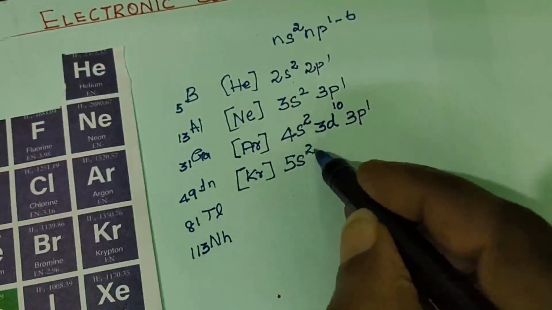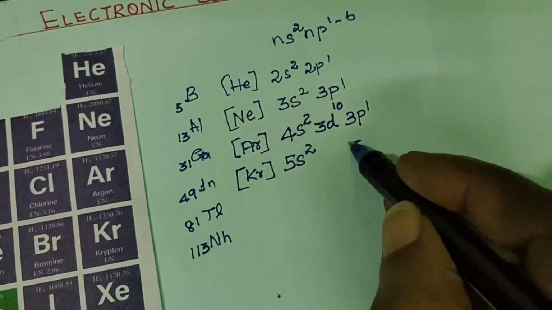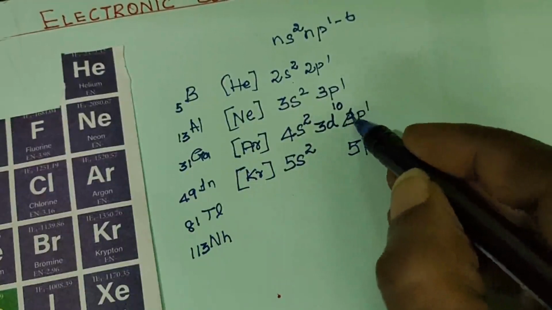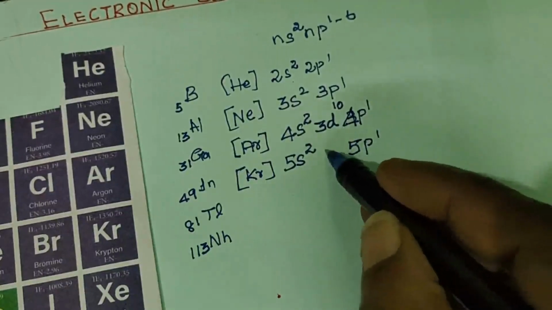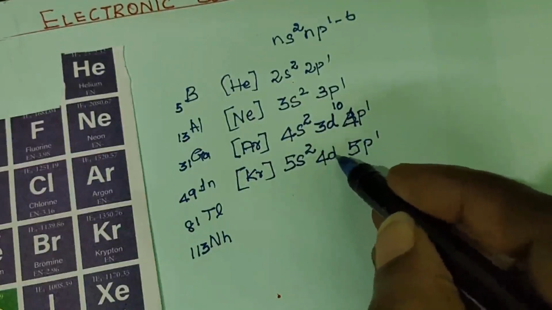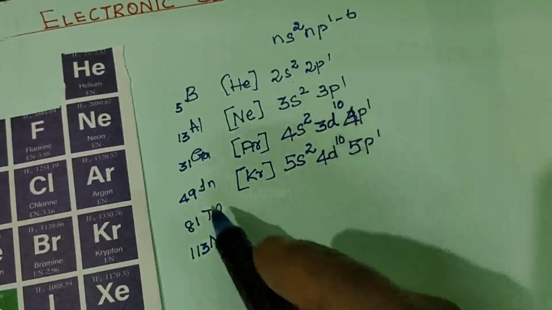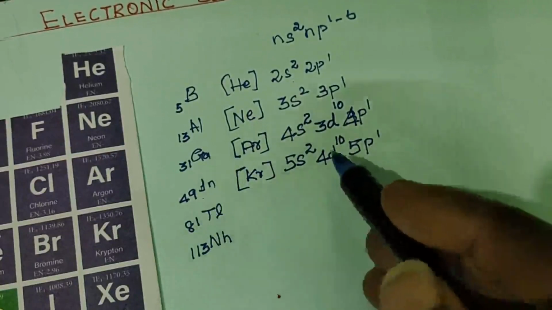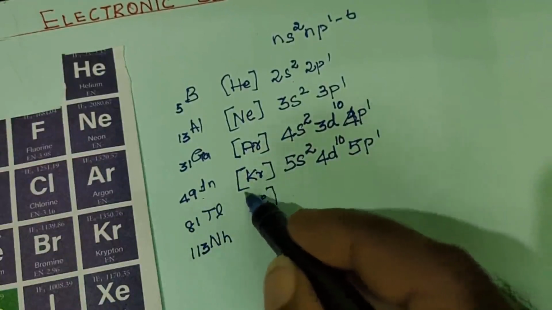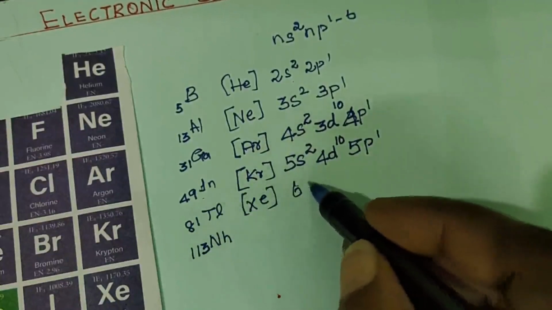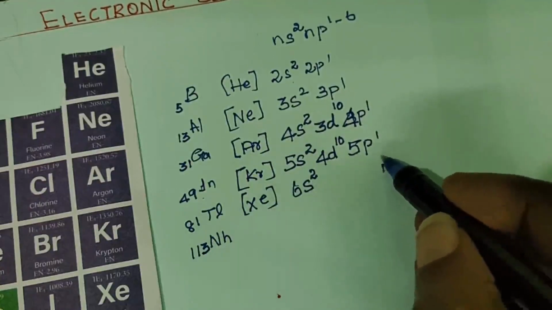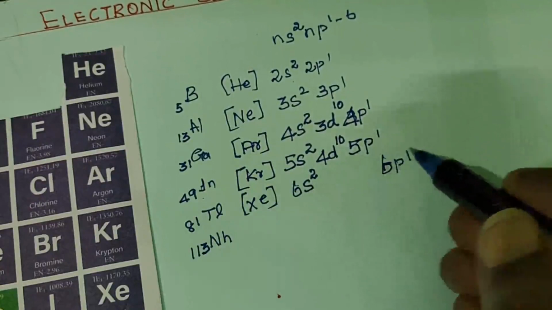After filling 5s2 and before filling 5p1, the 4d10 is filled, so altogether 49. Then xenon, 6s2, then 6p1, then 5d10.